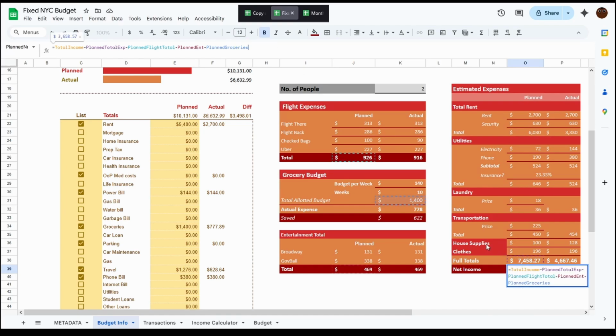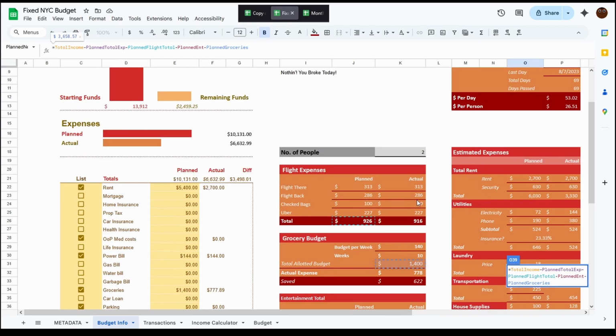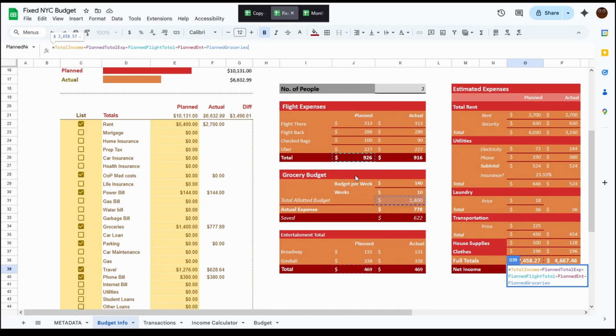The total income is on a different sheet, but I will show that to you. The flight is coming from here. There it is. The entertainment is coming from here, which is not technically here, but I do have it on another table. Oh, no, here it is. No, it's right here. And then groceries, which is here.